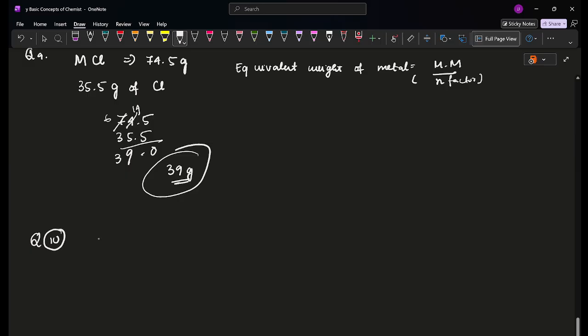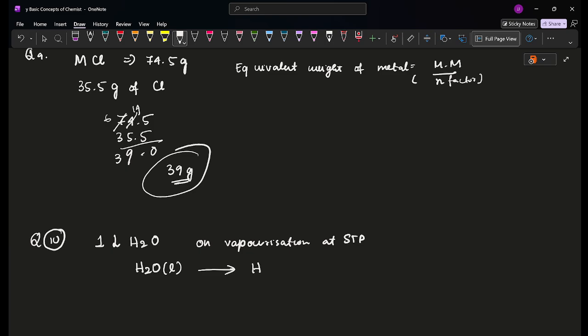So the volume of 1 liter water upon vaporization at STP. So it's basically gonna be like H2O in liquid state becoming H2O in gaseous state.